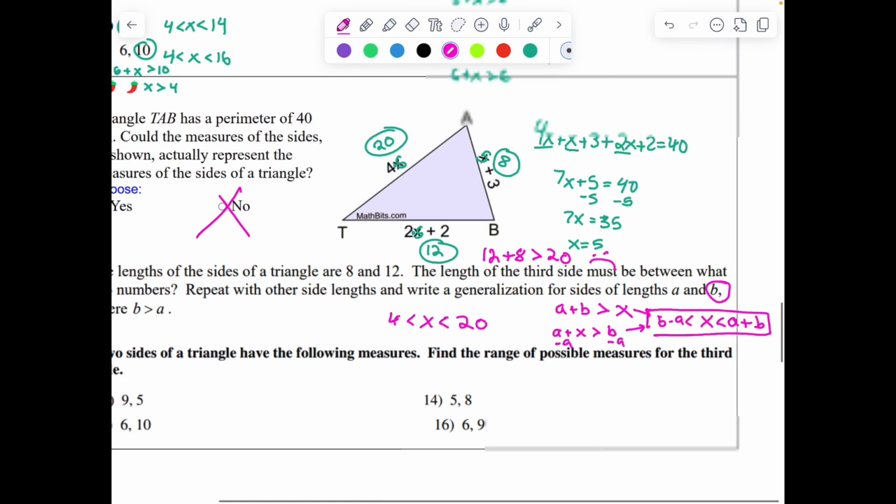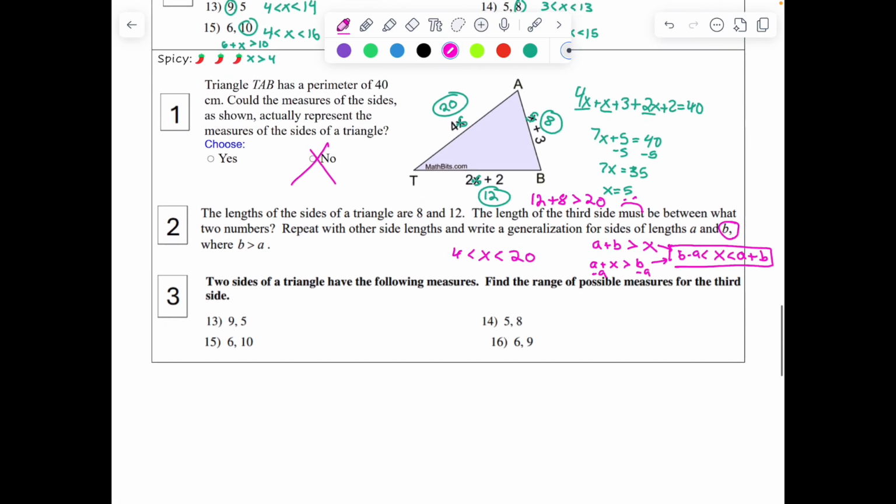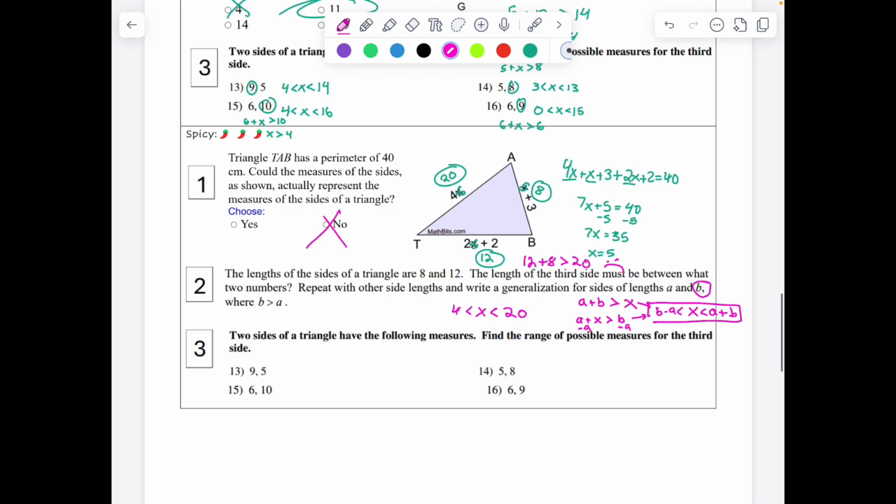So x has to be greater than B minus A. There is our generalization.